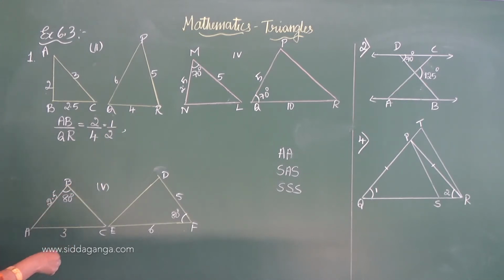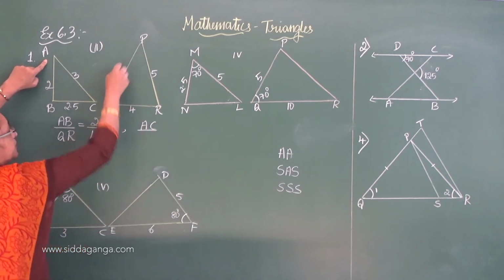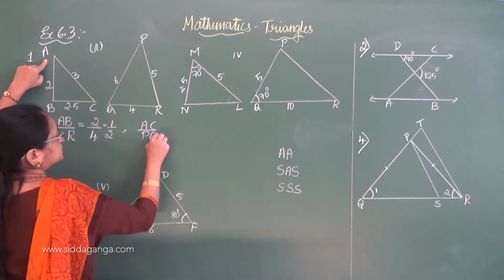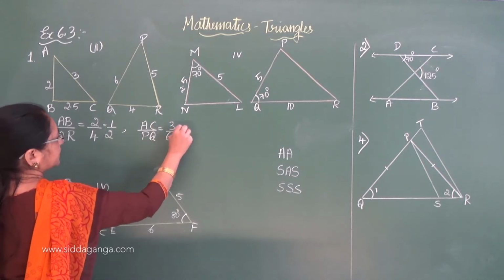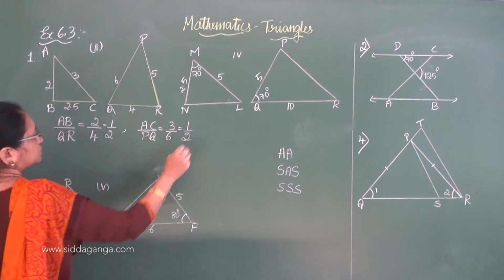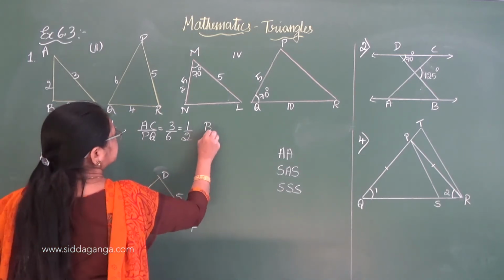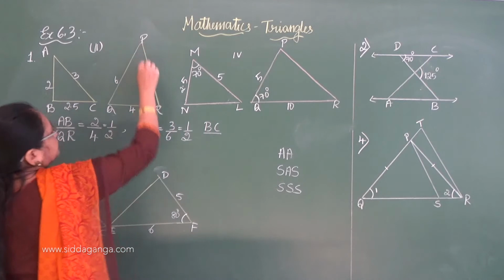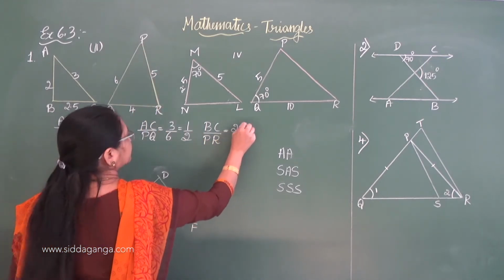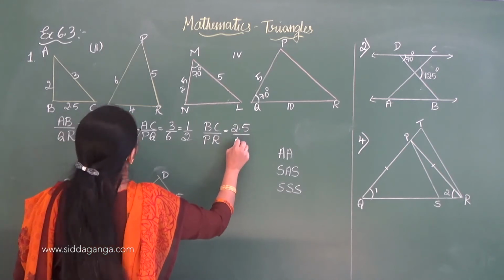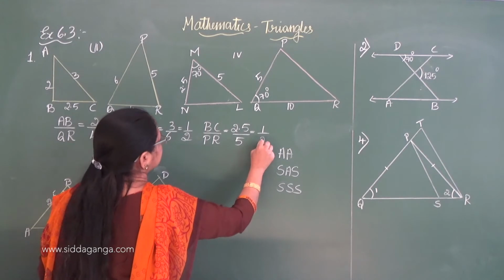Then next, AC by PQ, just check. AC is how much? 3, PQ is 6. So again here also 1 by 2. Next BC by PR. So BC is 2.5 and PR is 5. So here also you will get 1 by 2.